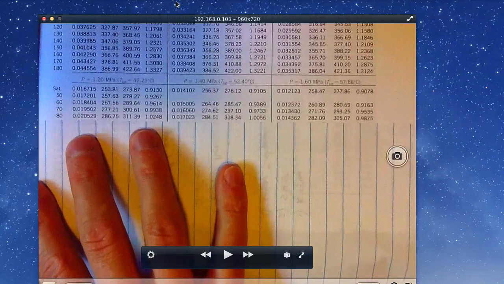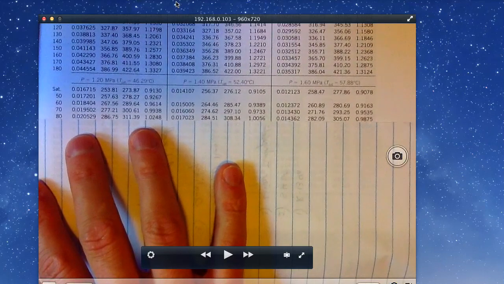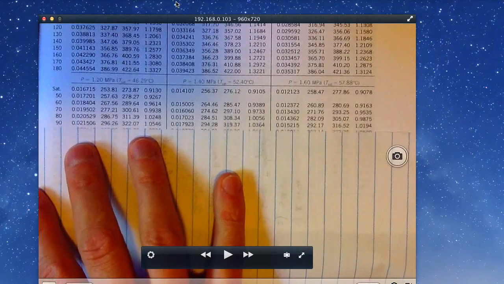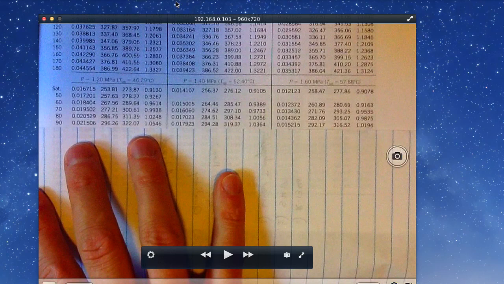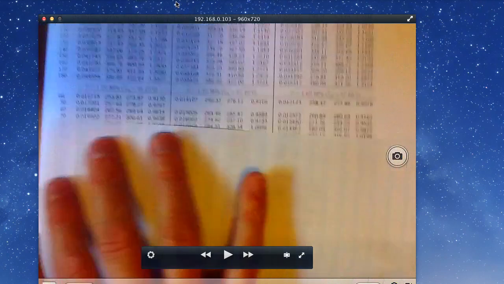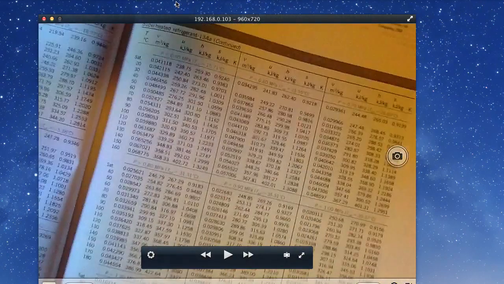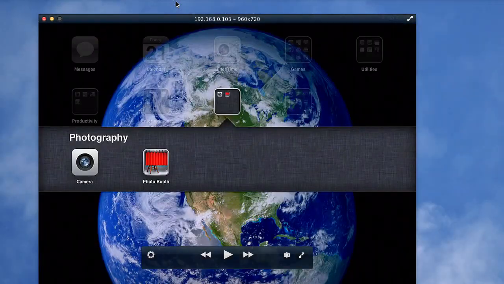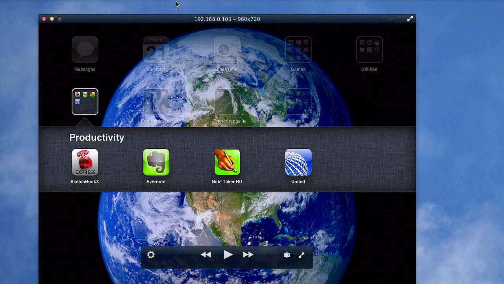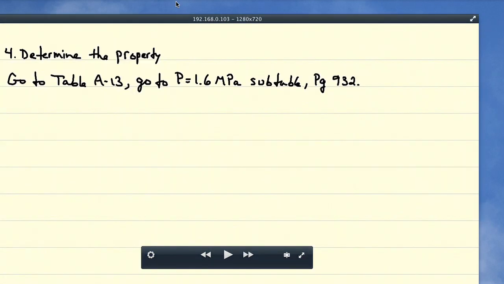We're going to interpolate between 0.014362 and 0.015215 to find our temperature at the given state. Let's go back into our note taker program here.